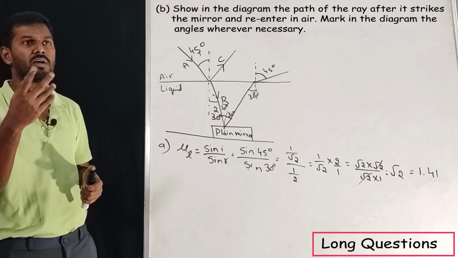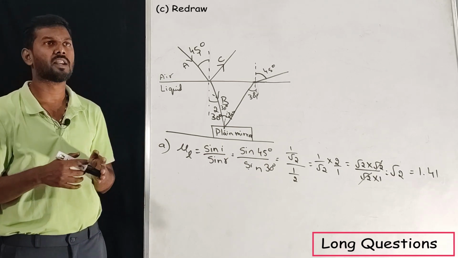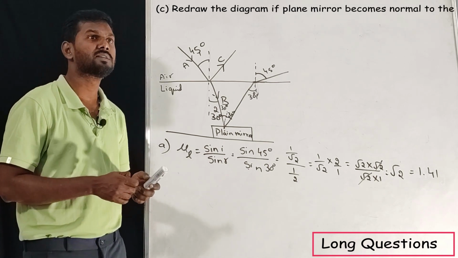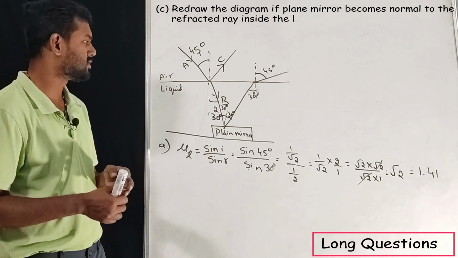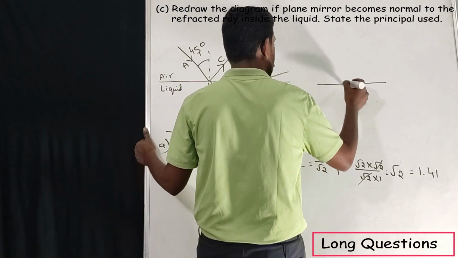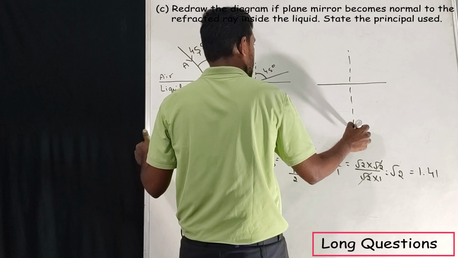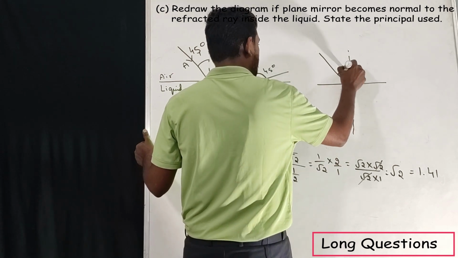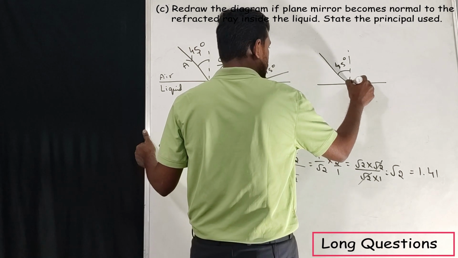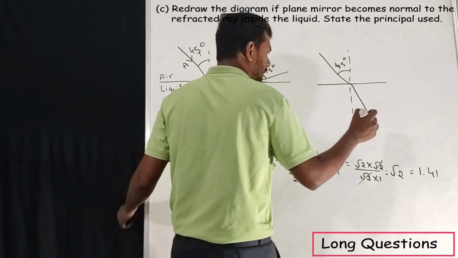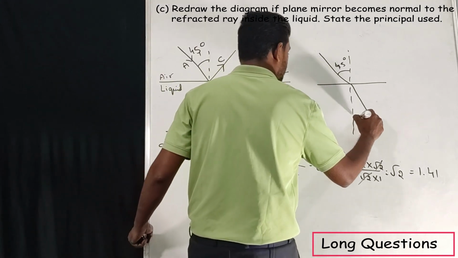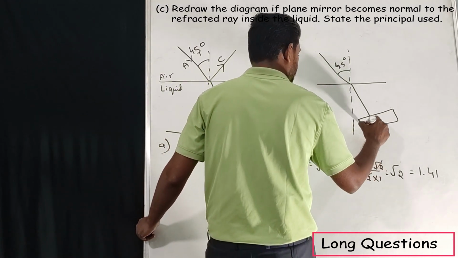Now we'll go for the next sub question. Redraw the diagram if a plane mirror is placed normal to the refracted ray inside the liquid. State the principle used. I'm going to redraw the diagram. Assume this is the surface, the normal, angle of incidence 45 degree, and this will go here, so that the mirror has to be placed exactly at 90 degree like this.